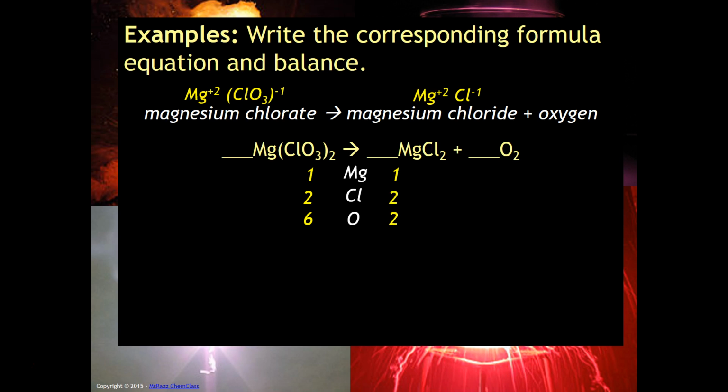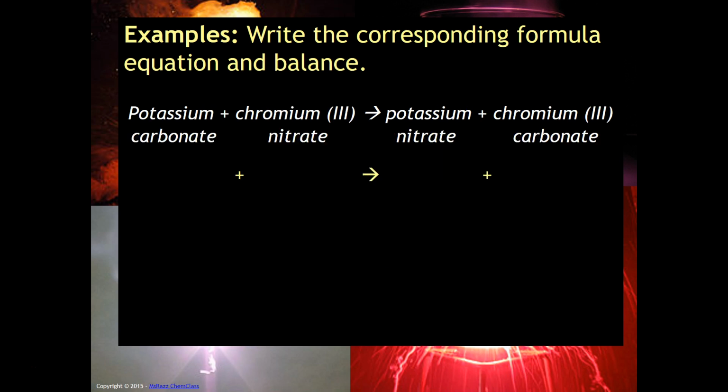As I mentioned in my previous video, I always tend to start with the first one that's not balanced. So if you notice, the oxygen is the first thing that I see is not balanced. So it's 6 to 2. So it looks like I have to say, okay, what times 2 is going to give me 6? Well, if I put a 3 there, 3 times 2 is going to give me 6. And you can see the numbers match on either side. So we are balanced.